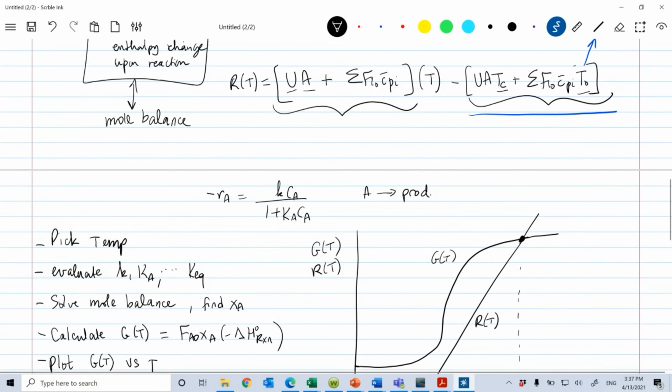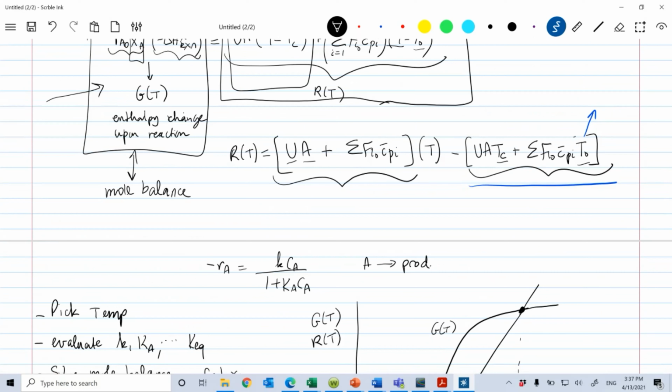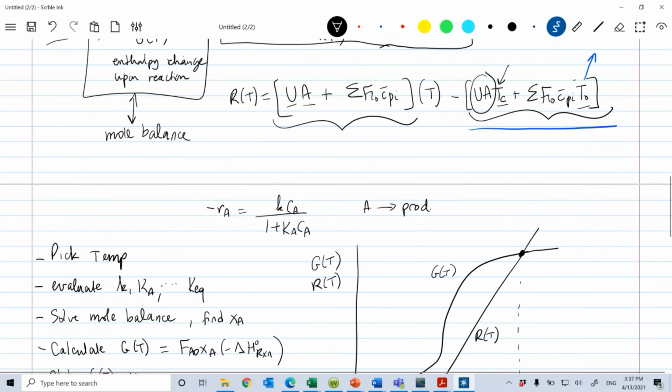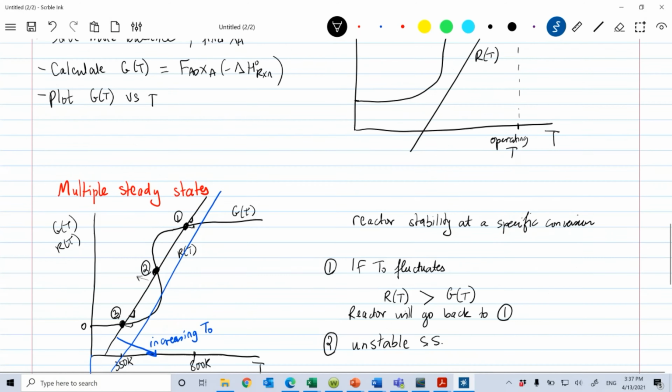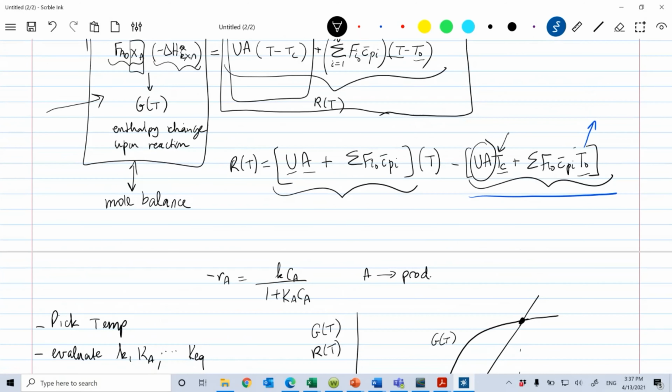Your cooling failing could mean that UA goes down or goes up, or the temperature of the coolant goes up. So you can have many different ways that your cooling can fail. So if that happens, this is also going to change the slope, but it's going to change the intercept as well. So it's going to look slightly different.